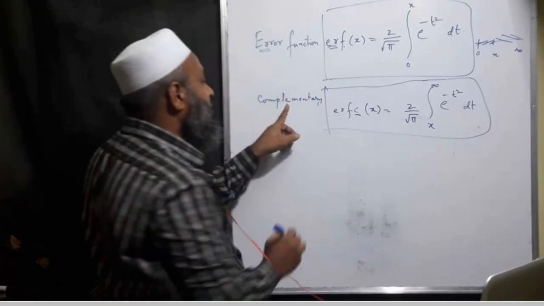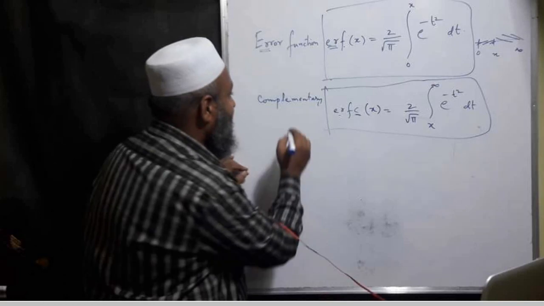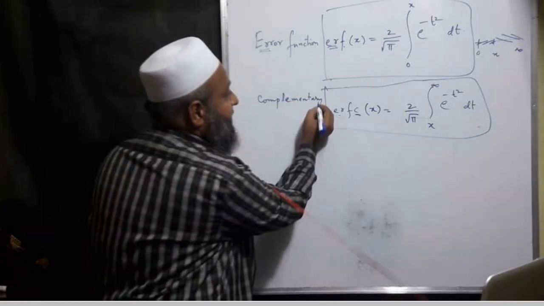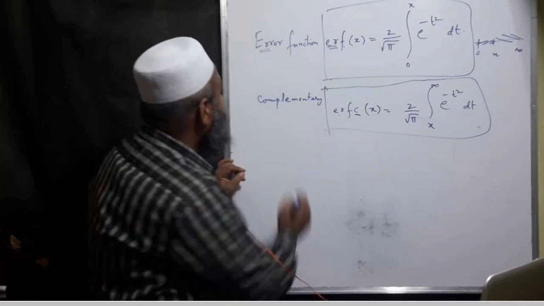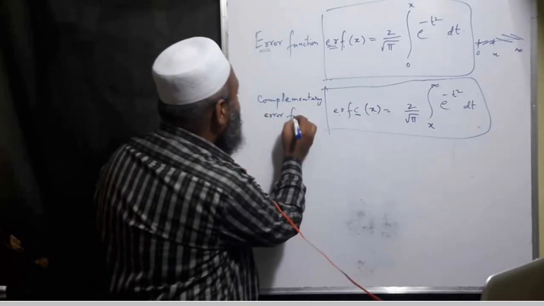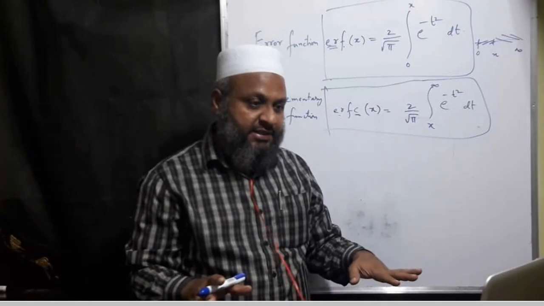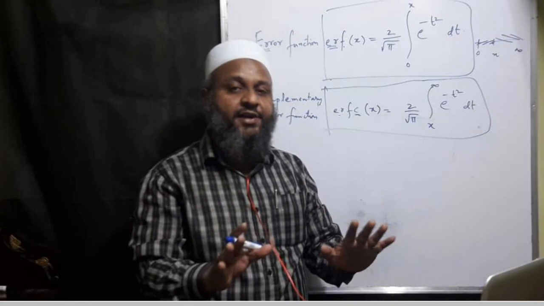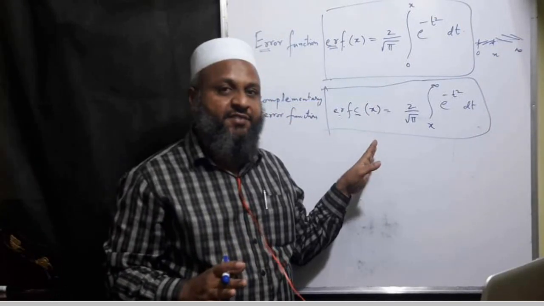Be careful, it is not CLI, it is COMPLE, complementary. So the first step right now is that you should at least have the idea of how the error function is defined and how the complementary error function is defined. They are defined in this way.